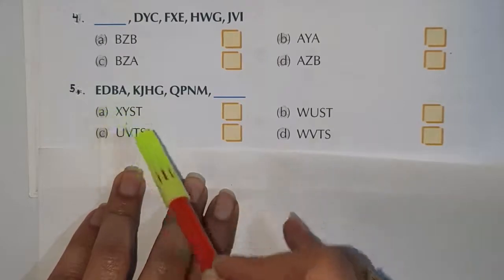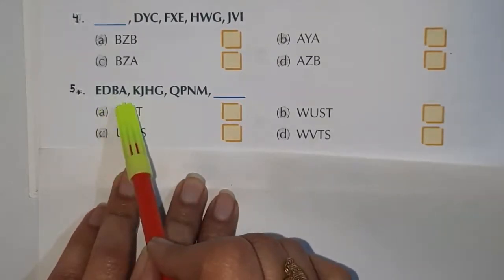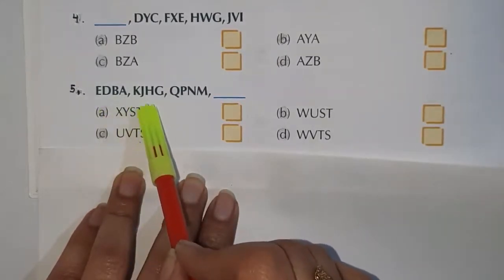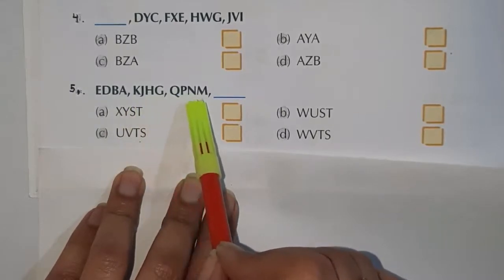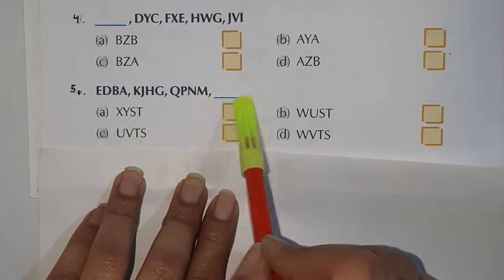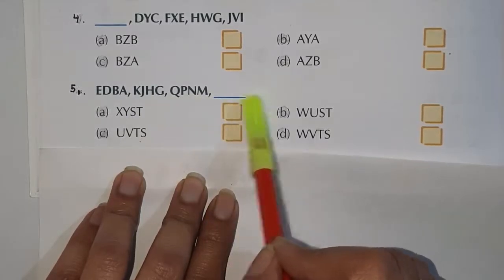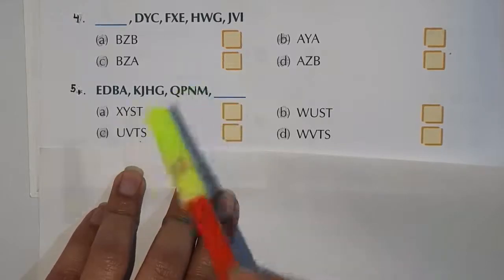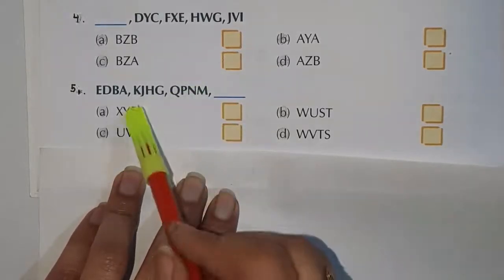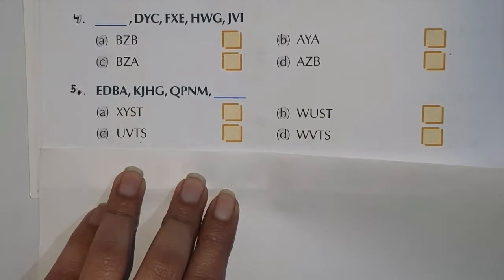E, D, B, A, comma, K, J, H, G, comma, Q, P, N, M, comma, dash. You have to find out now the next 4 alphabets. From these options, choose the correct one.